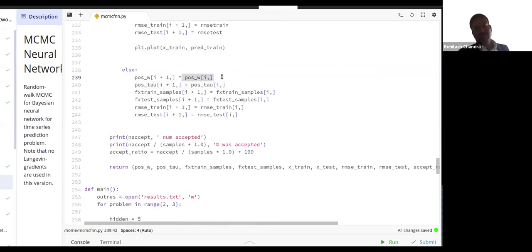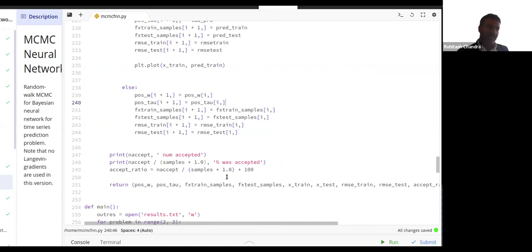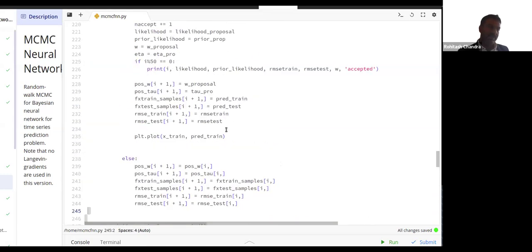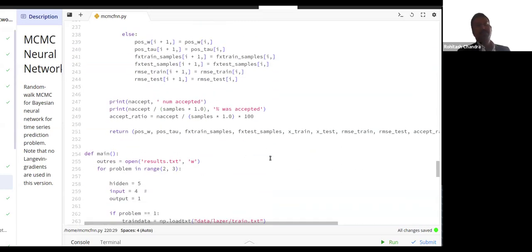Otherwise, you do not accept, you retain the previous values, and that's it. The number of acceptances you can calculate because you are incrementing the number of accepted samples.